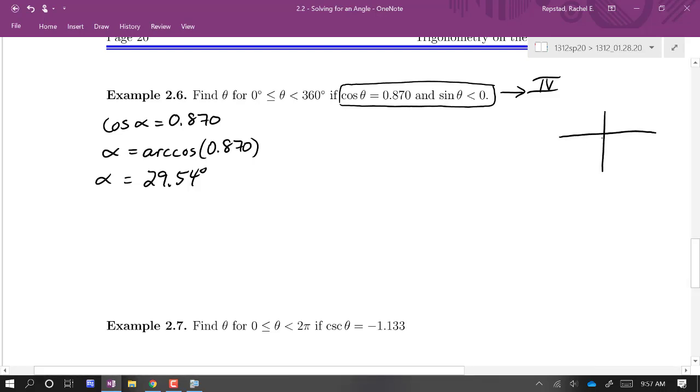So our angle we know is in the 4th quadrant. Alpha is always measured from the x-axis, so there's our alpha.